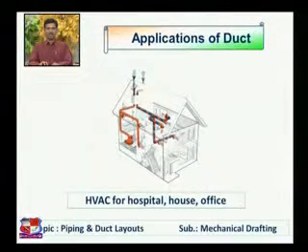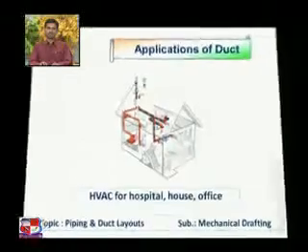Through this pipeline fluid flows. The fluid may be hot, it may be cold. The cold fluid comes from outside to inside, and hot fluid goes from inside to outside. So this is the diagram of a duct for this household application.